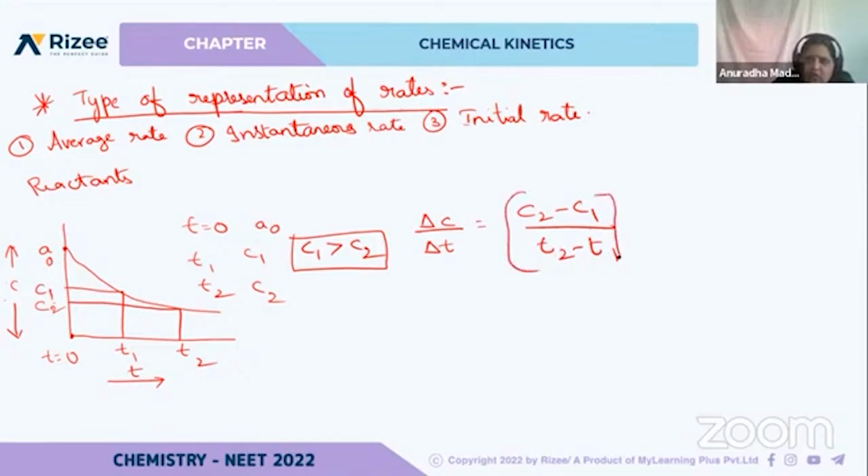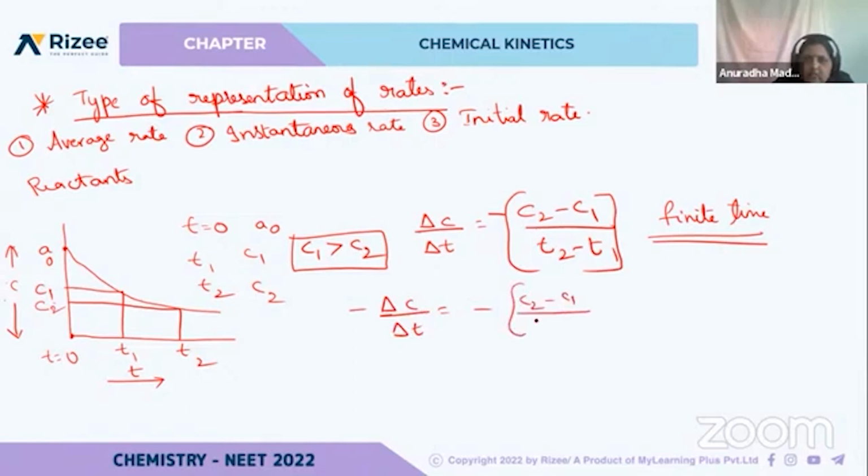As this concentration is decreasing, it should have a minus sign. This is the average rate of consumption of a reactant in a finite, fixed time, for moderate speed reactions. So minus delta C by delta T is equal to minus of C2 minus C1 by T2 minus T1. This is in case of reactants.